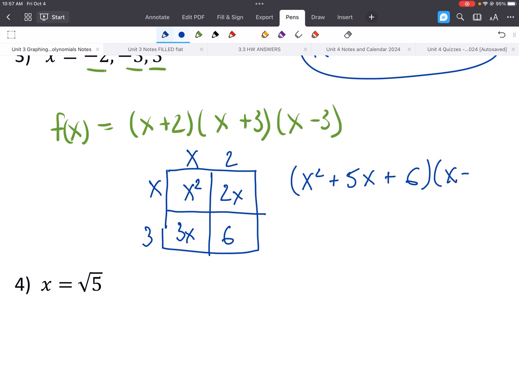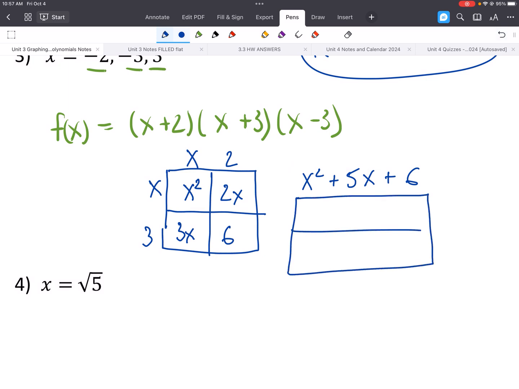So again, if we're going to use the box, we'd end up having a 3 by 2 box. So I'll get x cubed, 5x squared, 6x, negative 3x squared, negative 15x, and negative 18.